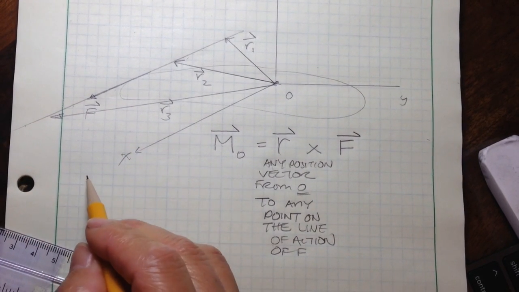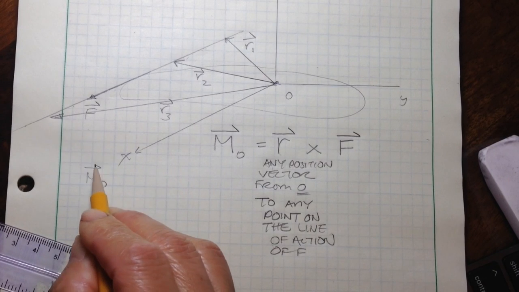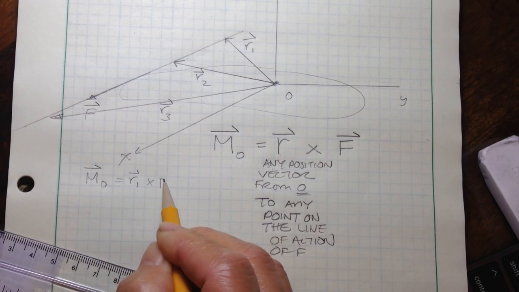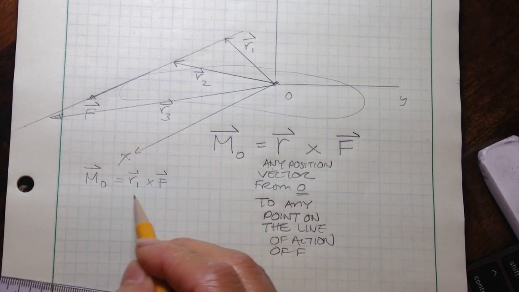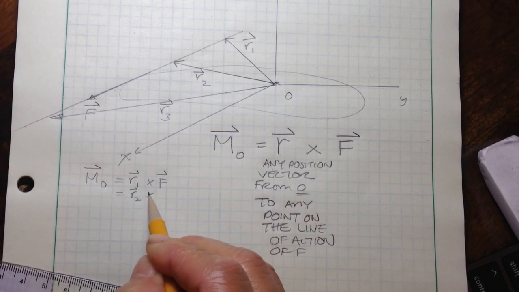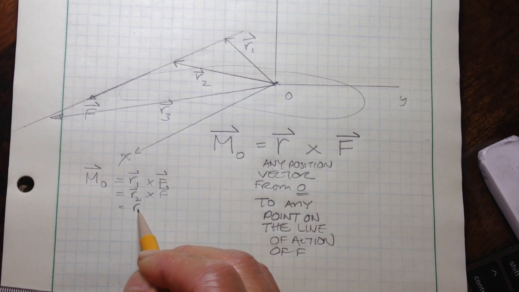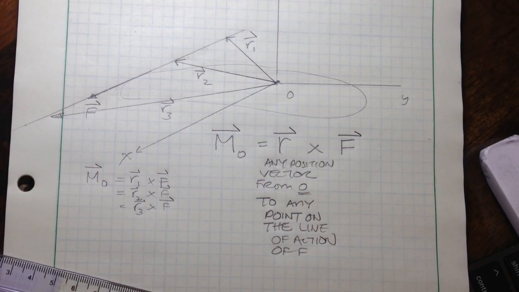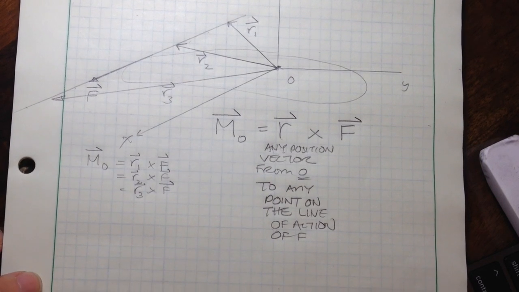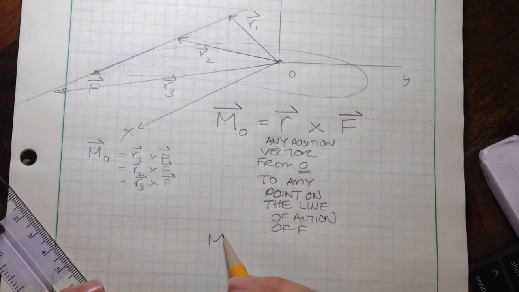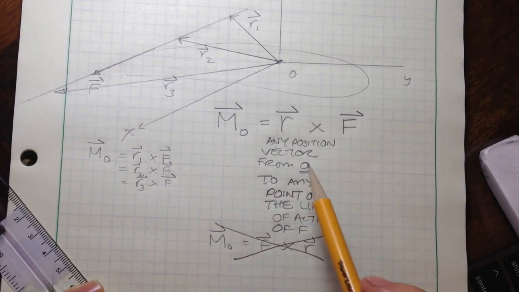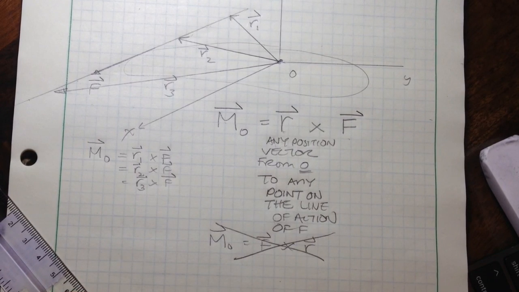In other words, the moment about O is given by R1 cross F, and that will also equal R2 cross F, as well as R3 cross F. Make sure that you don't write something like this, F cross R. This is wrong. You have to have it in this particular order.